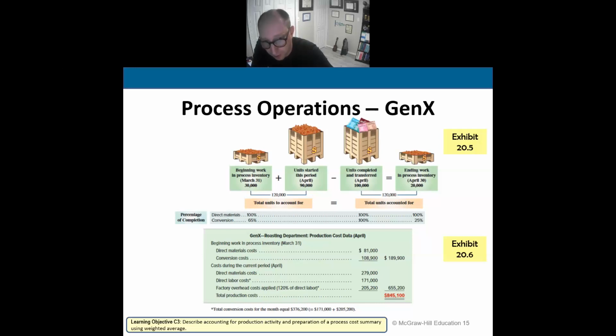So for work in process inventory, March 31, I got 65%.